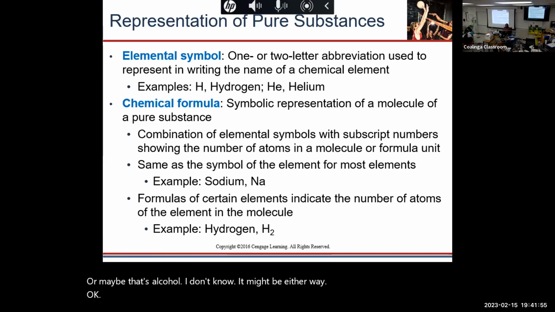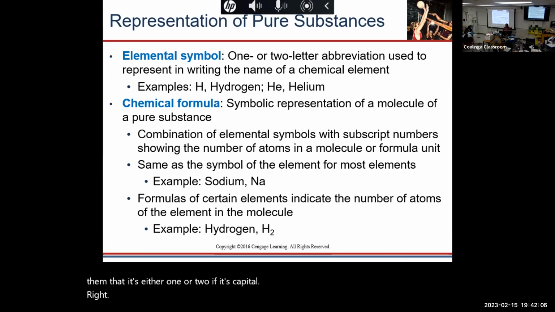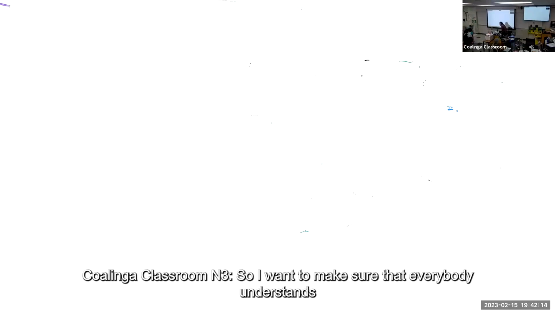You guys are already familiar with how to use the symbols. You know that it's either one or two letters. You know that it's a capital and then a lowercase, and we need to make sure of that. Let's look at some examples, so I want to make sure that everybody understands this.